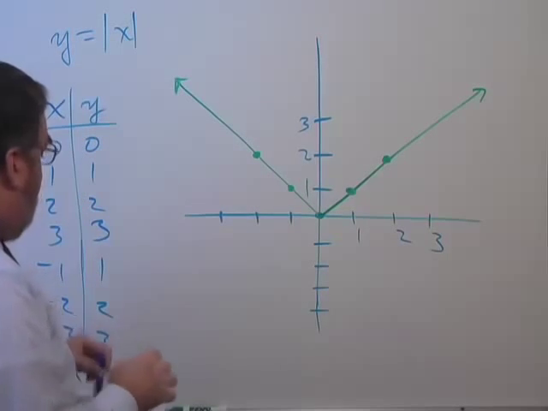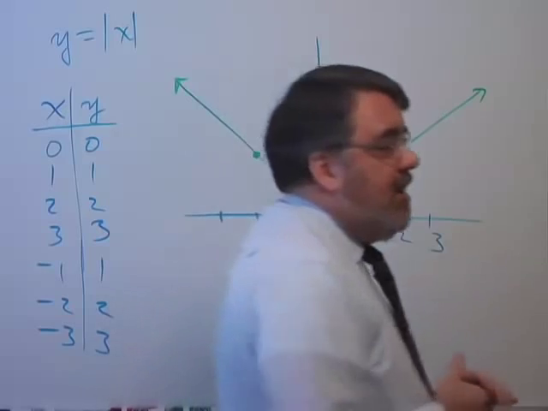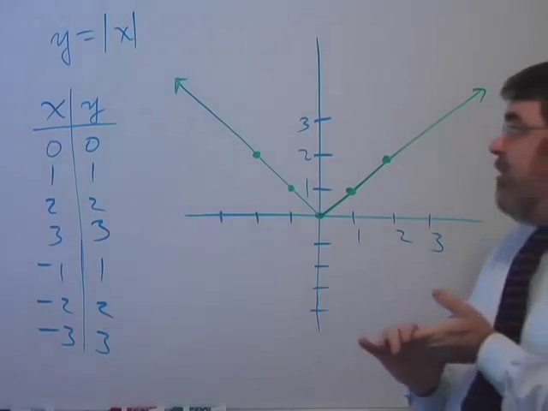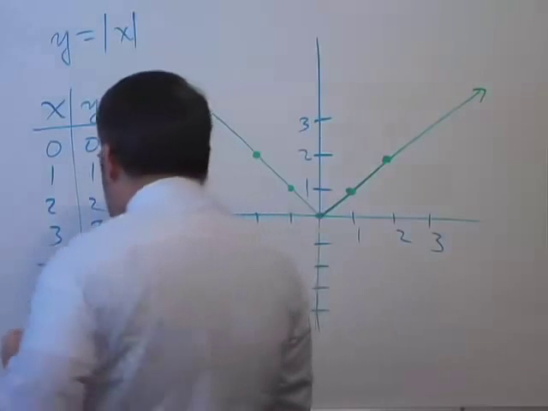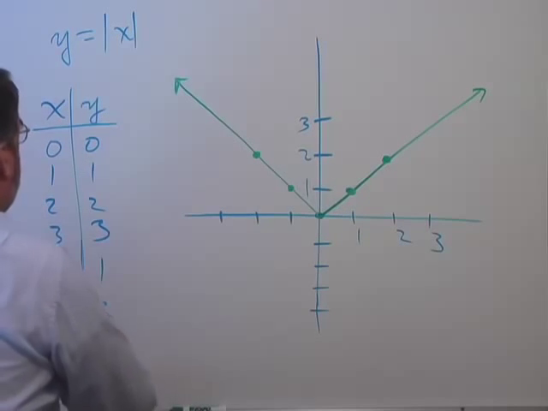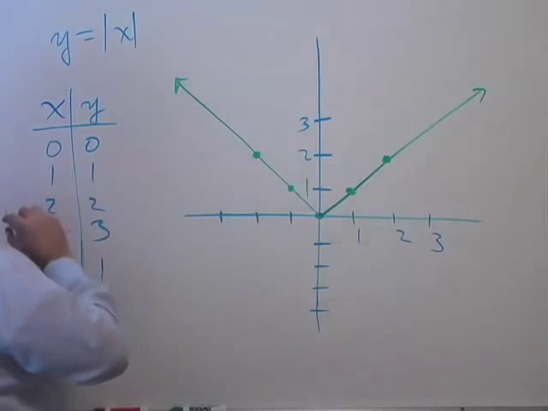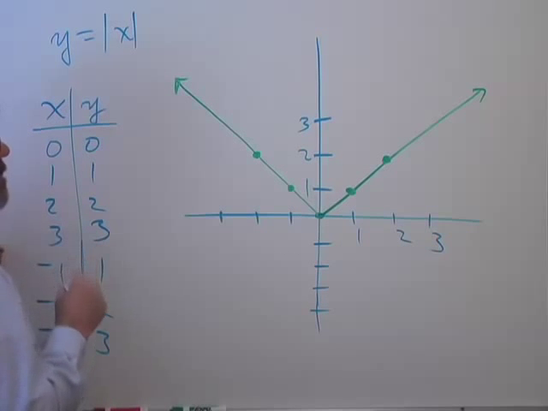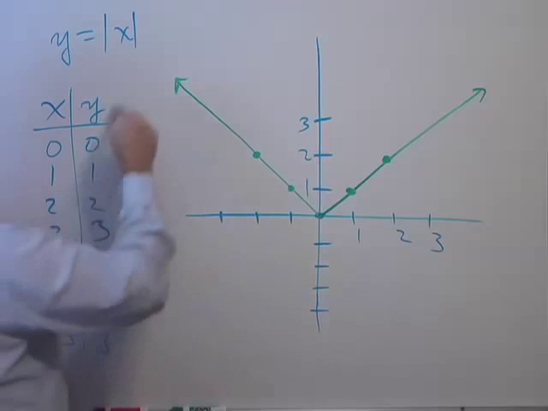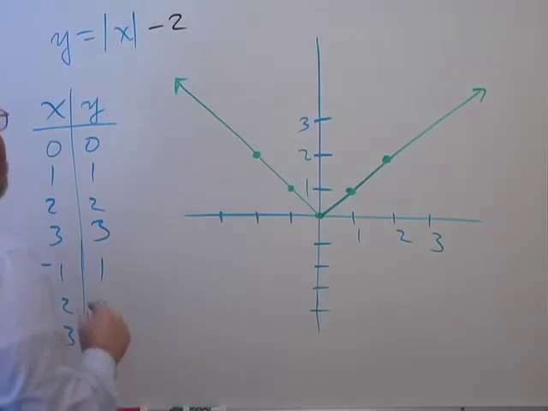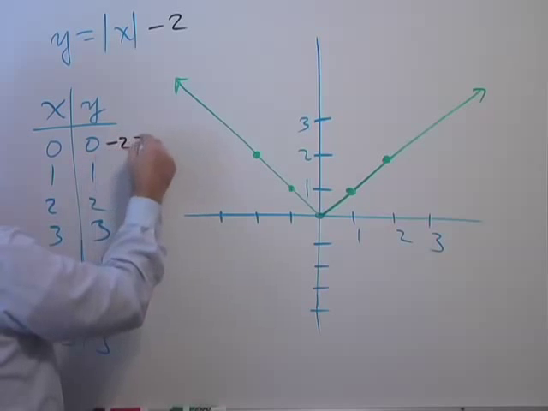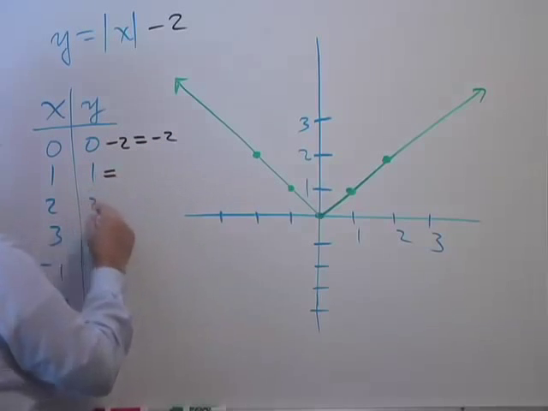Alright, now, what's going to happen if we add a number to the function? Alright, so I'm going to do that in black. Suppose I tell you what, I'm going to subtract a number. Let me subtract 2 from this. Well, that's going to change all these outputs.